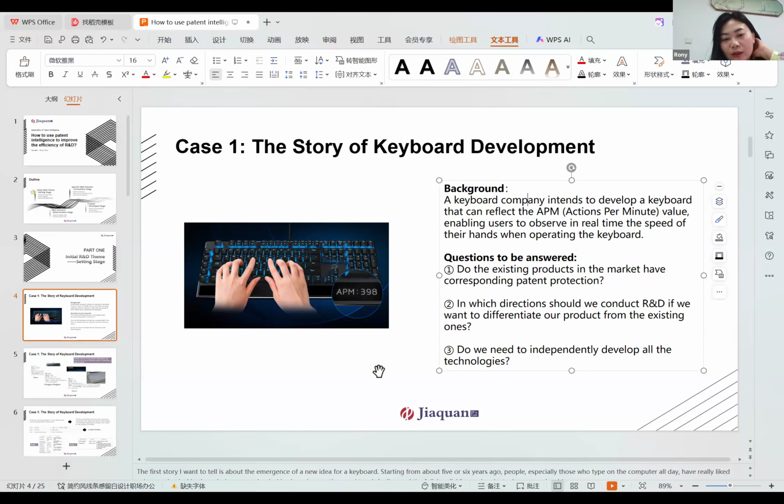But we also use some other elements like the patent family, the number of patents in the family, and whether it has any litigation history. We will use all kinds of elements to decide whether this patent is important or not.